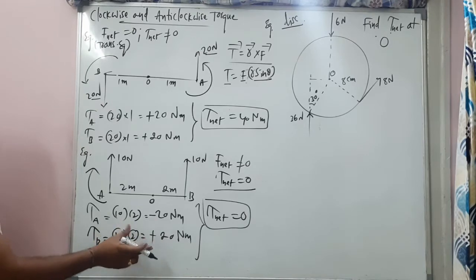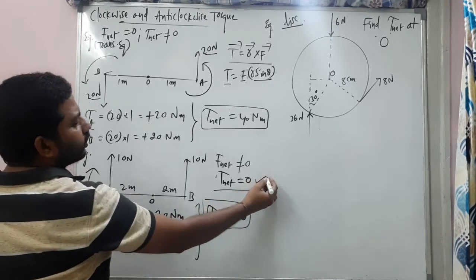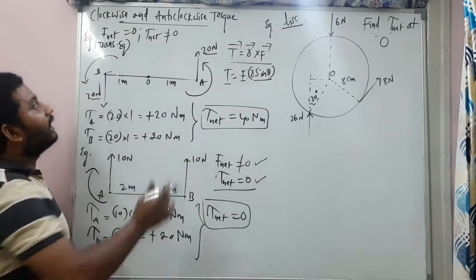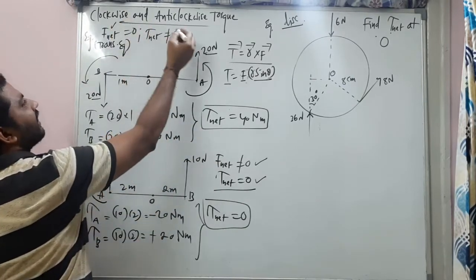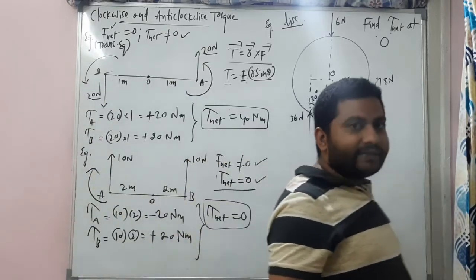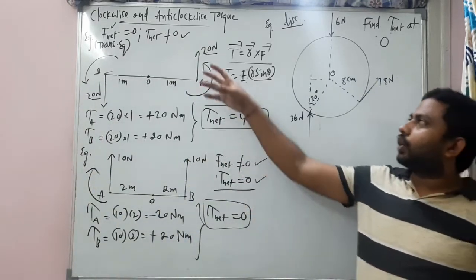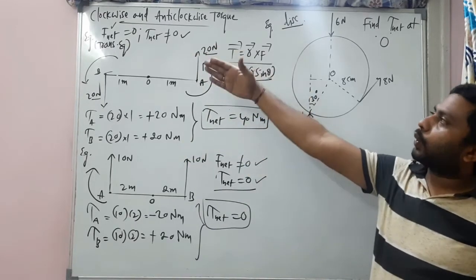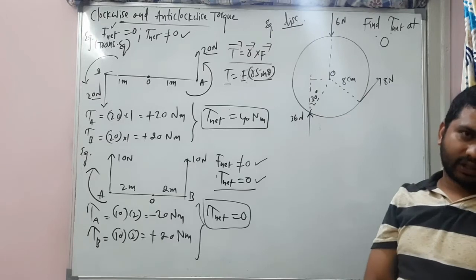So in this case net torque is 0, net force is not 0. In the earlier case net force is 0, net torque is not 0. I think you understand the concept of equilibrium as well as clockwise torque and anti-clockwise torque.